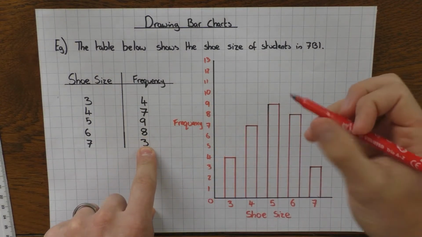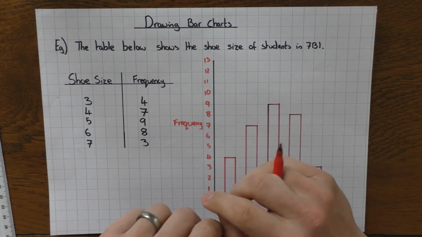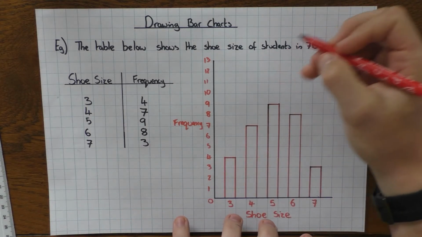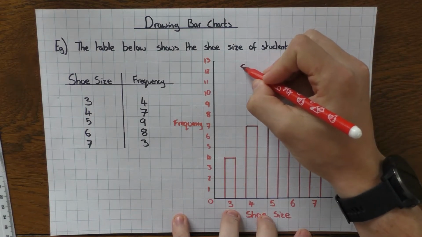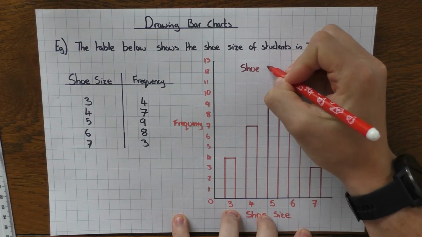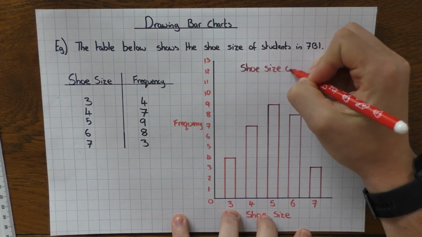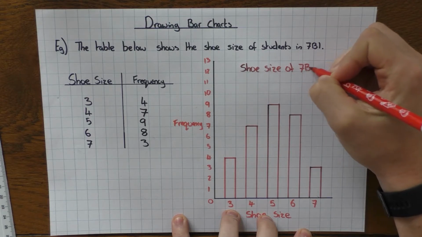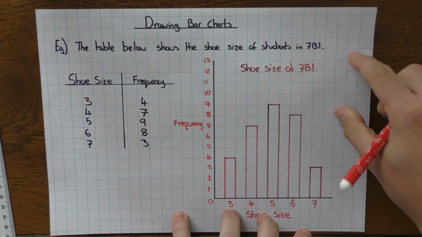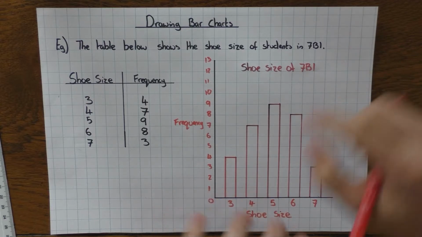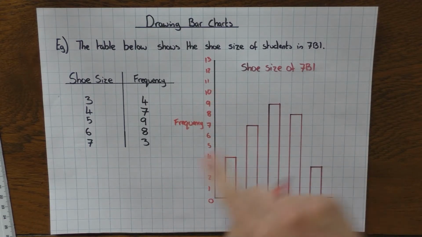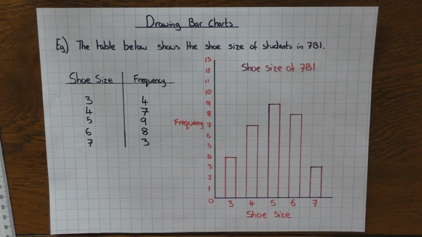And the last one tends not to be too much of an issue with spotting a mistake, but you should always do it, is a title. In this case it's shoe size of 7B1. So they haven't got a title. That also could potentially be a mistake, but I'll definitely check those other ones first, and then you leave that one till last. Okay, so that is how you draw a bar chart.